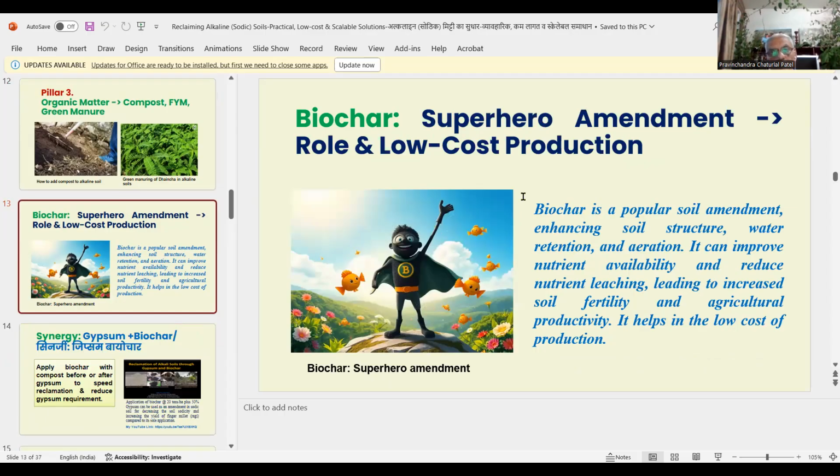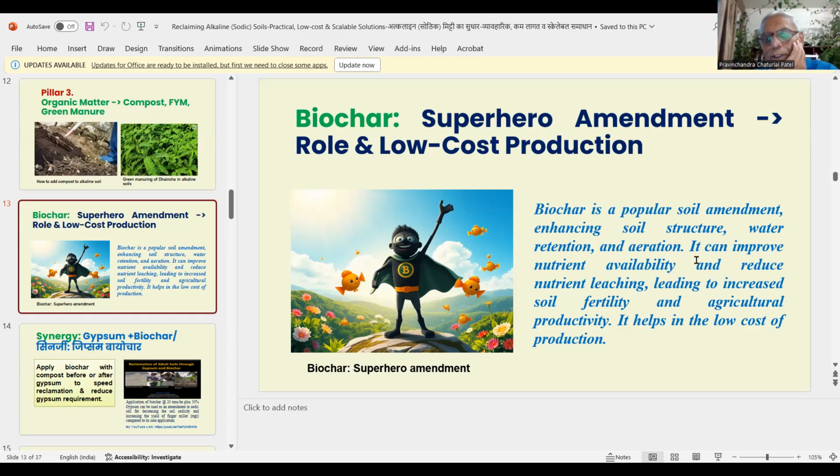Then biochar: superhero amendment, role and low cost production. So if we apply the gypsum along with the biochar, then we require less gypsum. So here you can see that biochar is a superhero amendment.